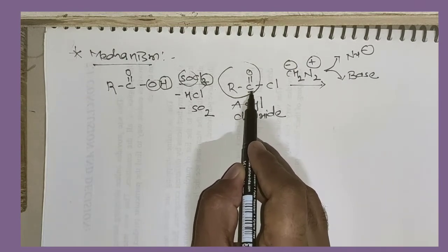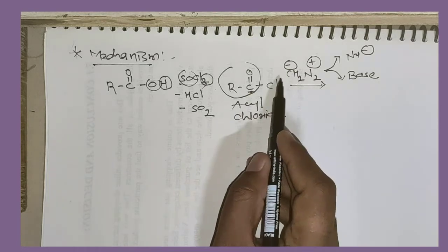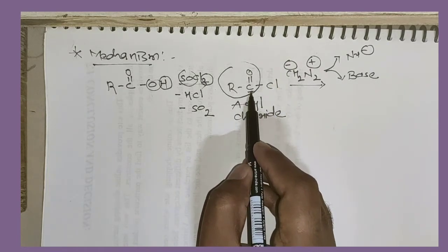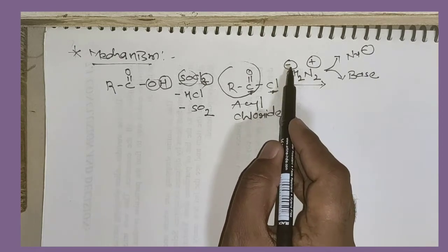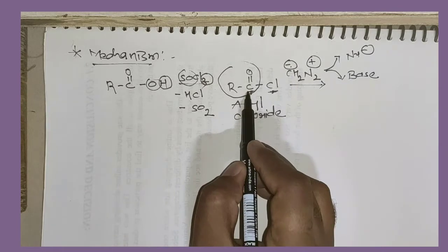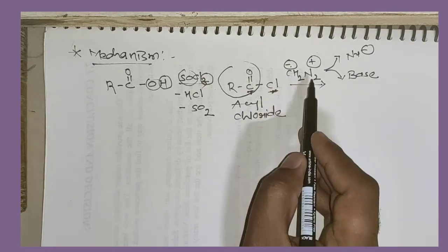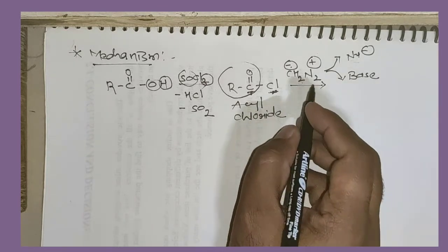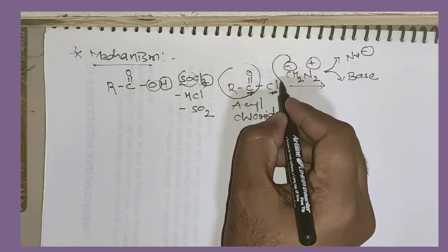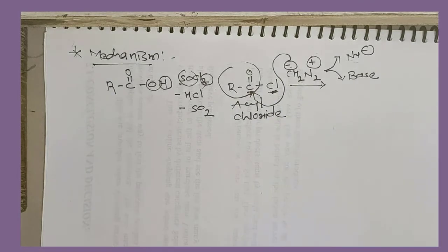One is electron deficient, meaning a nucleophile can easily attack this carbon. One is a leaving group, Cl minus, halogen, the best leaving group. So there are three conditions: a donor, an acceptor, and a leaving group. That means in this step this one acts as a nucleophile. So the negative charge of diazomethane attacks this electron deficient carbonyl carbon, right?